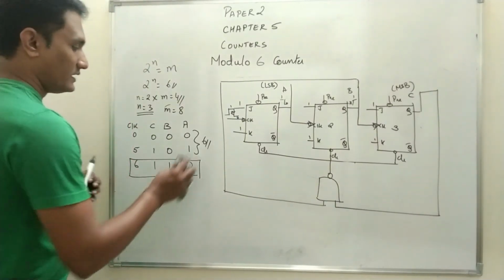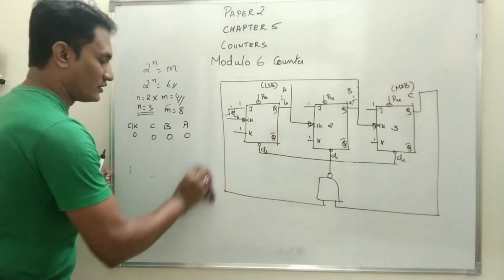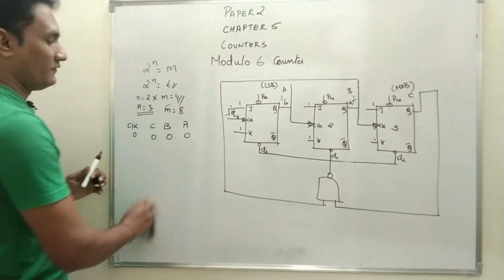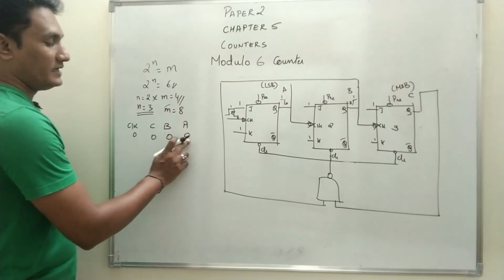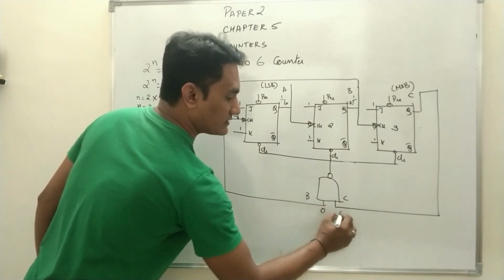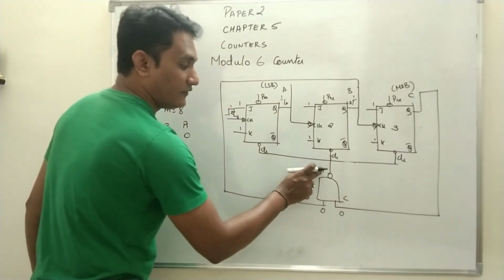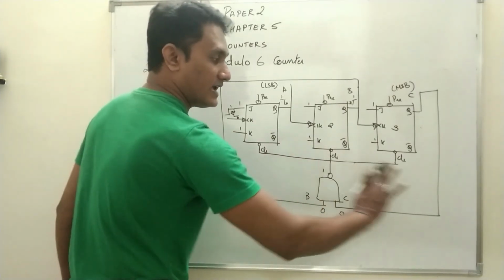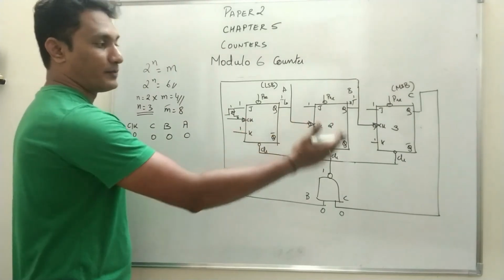Now let us try to understand the working using the truth table. As it is a normal binary counter, with each applied clock pulse the count will increase. Initially CBA is 0 0 0. So B and C both are 0, and if it is 0 the output of the NAND gate will be 1, and if it is 1 the clear terminals are deactivated. It will have no function to play in the operation of the flip-flop.